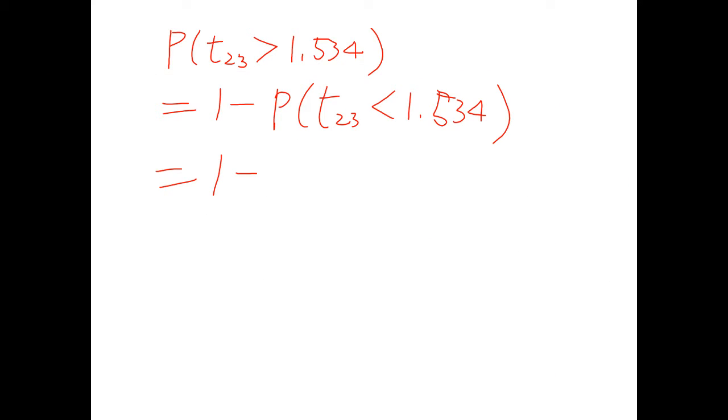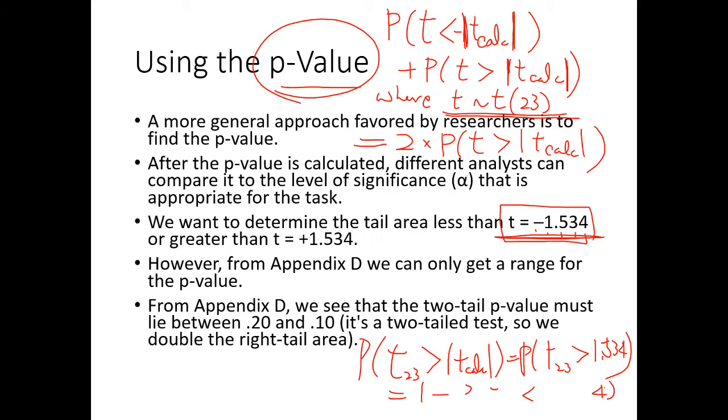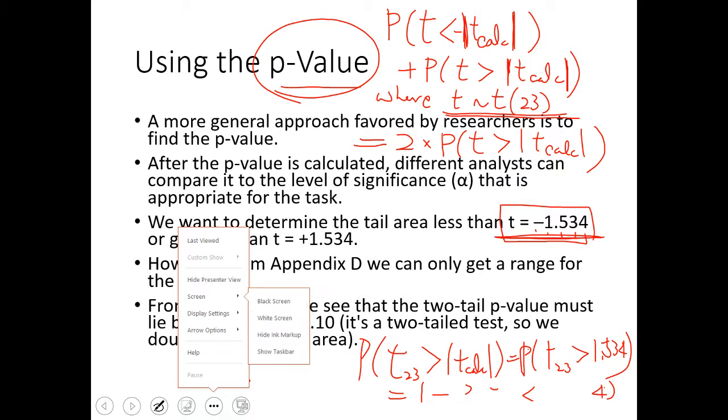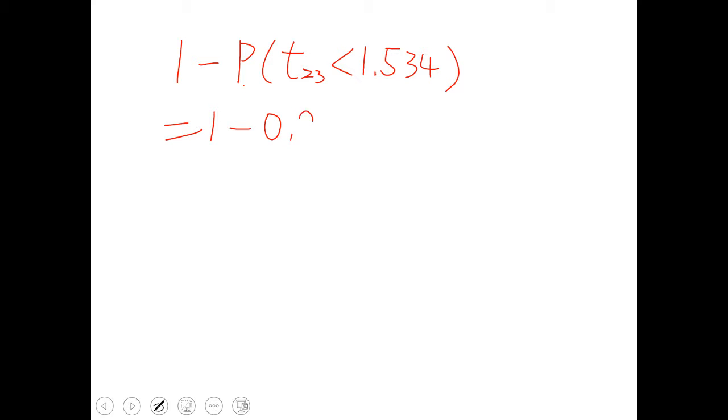So 1 minus this number, 0.931, is 0.069.